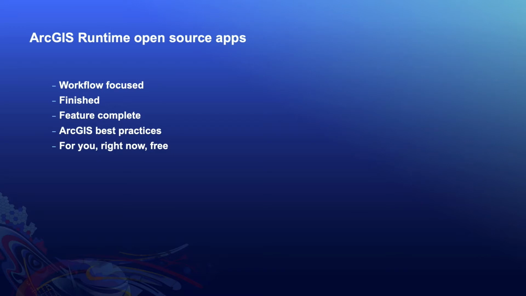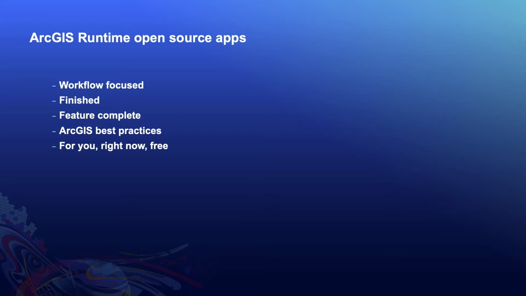These apps are fully finished, meaning they solve a complete workflow and are feature complete. And because these apps are open source, you are invited to augment these apps to suit the custom needs of your organization.